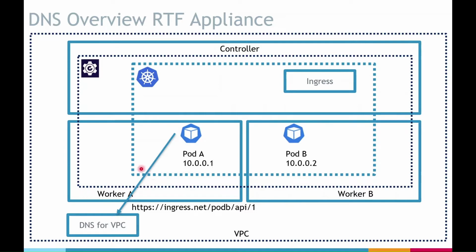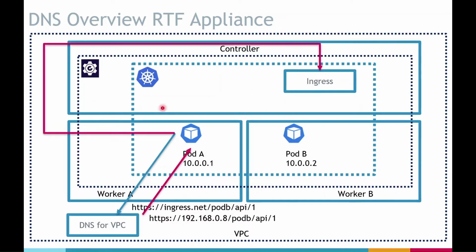Then once you get the ingress IP address, which is outside the pod network, you end up taking one more hop outside the pod network to reach the ingress. Finally, the ingress would route the traffic to pod B. So there are unnecessary hops in between, which I could have avoided by directly reaching pod B by using some domain internal to the Kubernetes cluster.